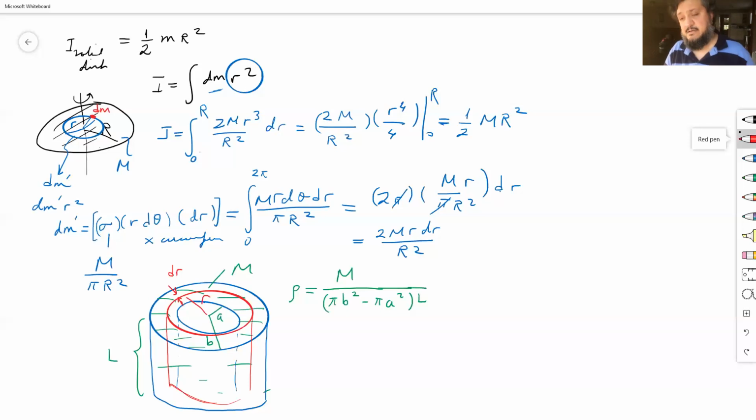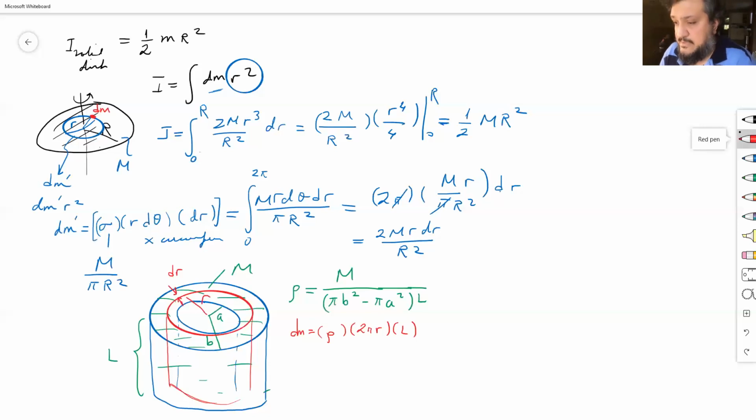Okay, so you take this density, and that density has to be multiplied by the circumference, which is 2 pi r, and also the height, L. Okay, so this gives you dm, and then this has to be multiplied by another r squared, so you get the integrand.